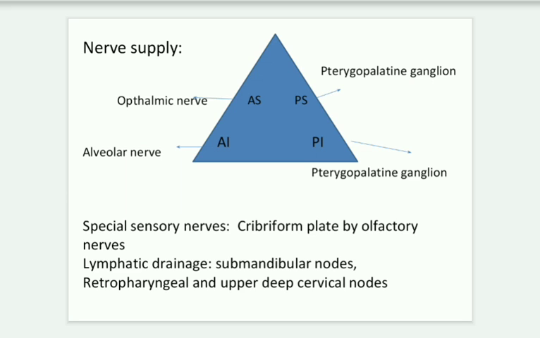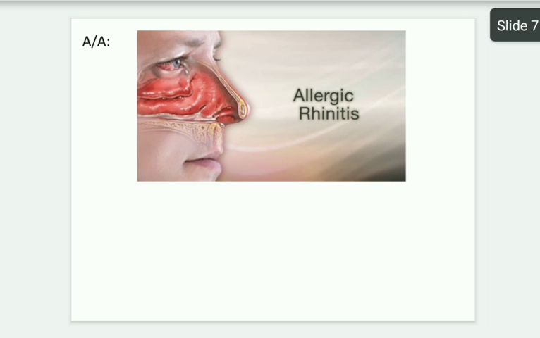These are your general nerves, and your special nerve is the olfactory nerve, which comes through the cribriform plate. Lymphatic drainage is to the submandibular nodes, retropharyngeal nodes, and upper deep cervical nodes.